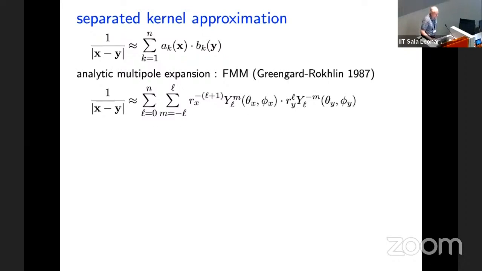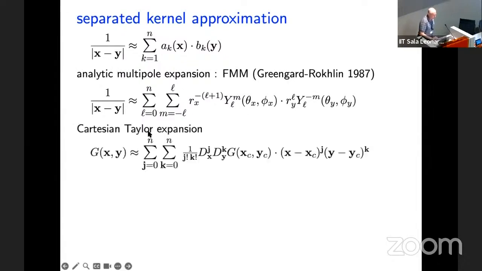Another alternative is the Cartesian Taylor expansion. One can Taylor expand with respect to x around some point x_c and Taylor expand with respect to y about some point y_c, and you get these Taylor coefficients and you get these terms over here. Again, these are just constants now, and you have a function of x times a function of y, but you have a series of them.